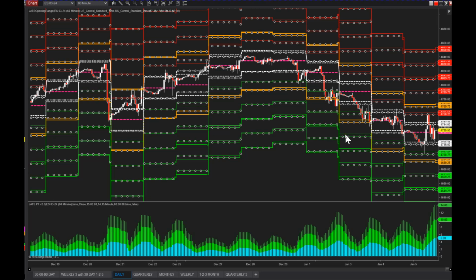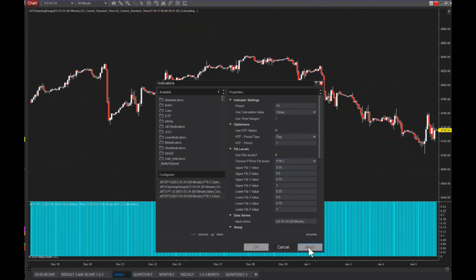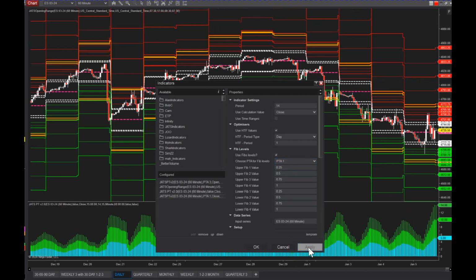So if you wanted to use a fib number or a larger setting, you could do that. And interestingly, you can extend these from the 1, 2, or 3. So if you wanted to run tails outside the PT1 instead of the PT3, you can do that. And that can provide some interesting levels to trade to.